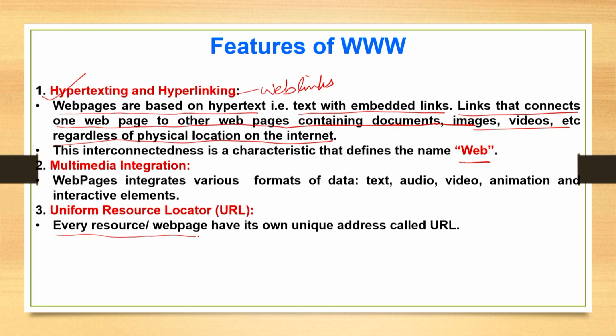This is used to locate or identify resources on the internet on the basis of location. Every resource or web page has its unique address, that is the URL, through which it can be located.